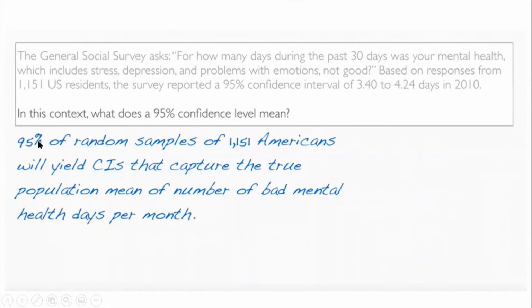So basically, we can say that 95% of random samples of these Americans used a confidence interval that captures the true population mean number of bad mental health days per month.